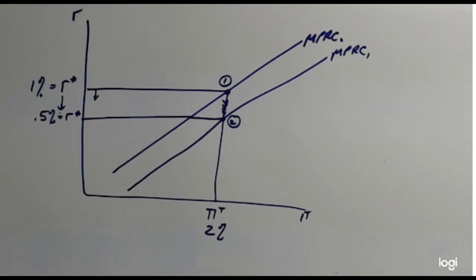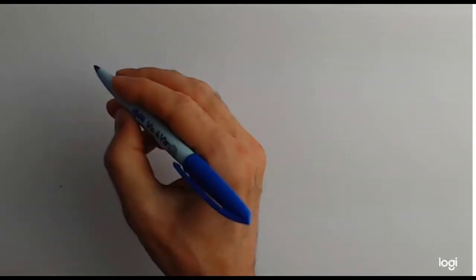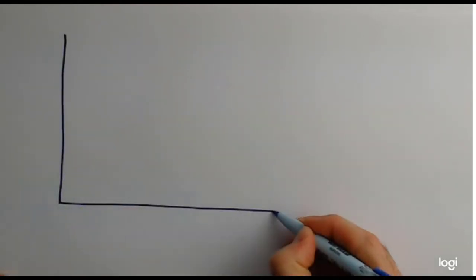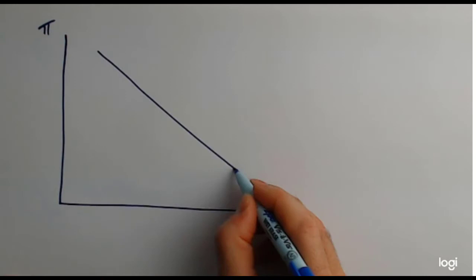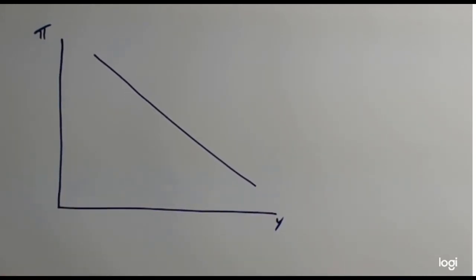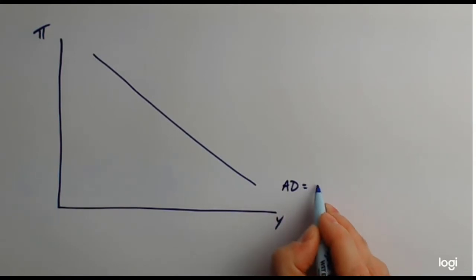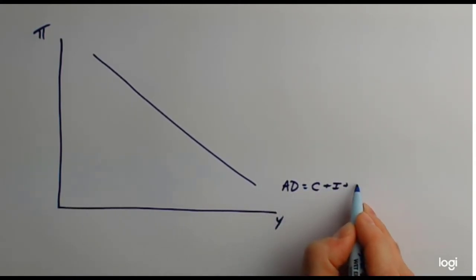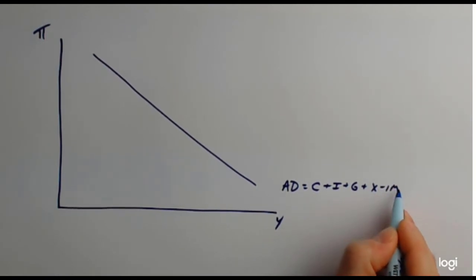Now, let's move on to the dynamic aggregate demand curve. Okay, so let's draw that dynamic aggregate demand curve. Output here, inflation here, and it's a downward sloping curve. Now remember, it's aggregate demand, which is consumption plus investment plus government expenditures plus net exports, right?